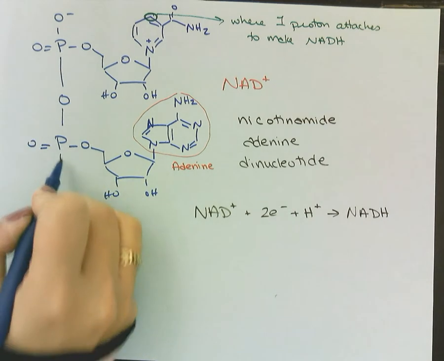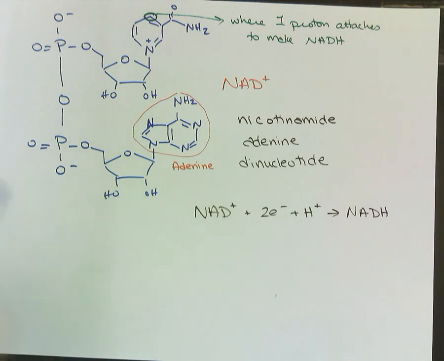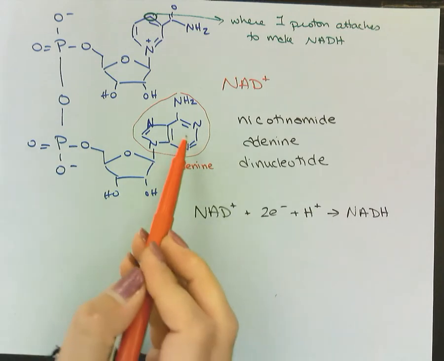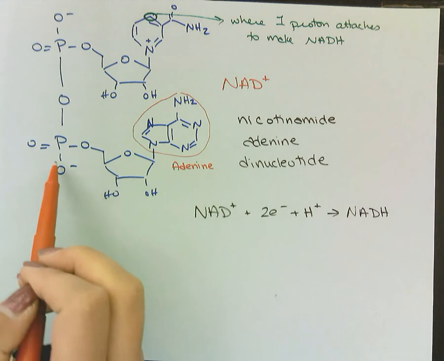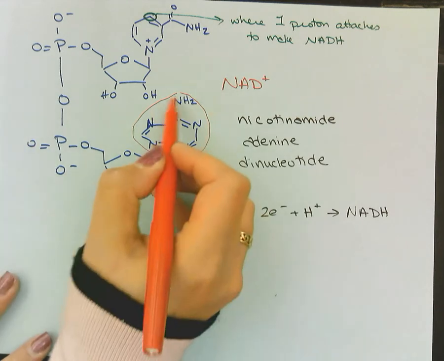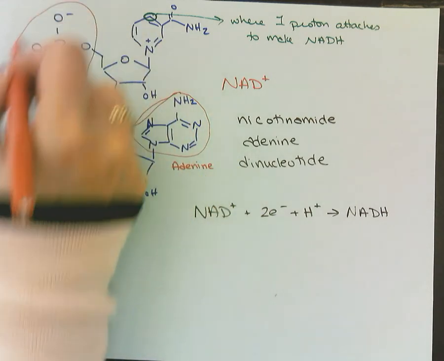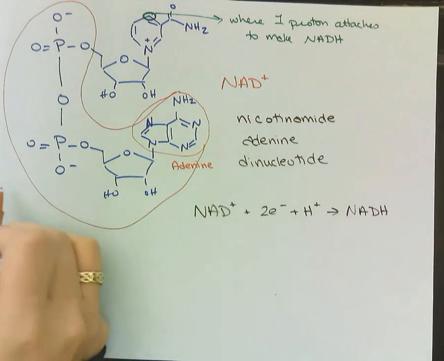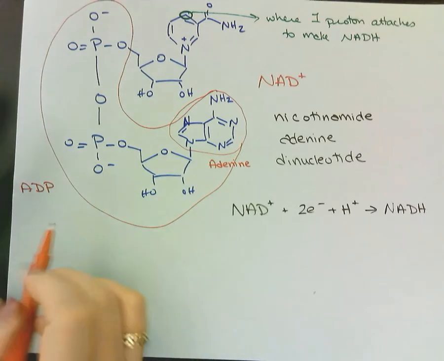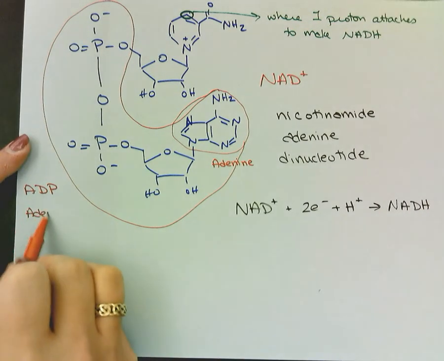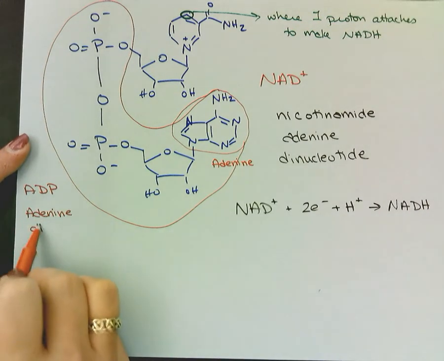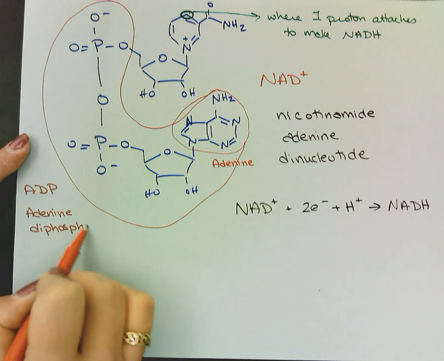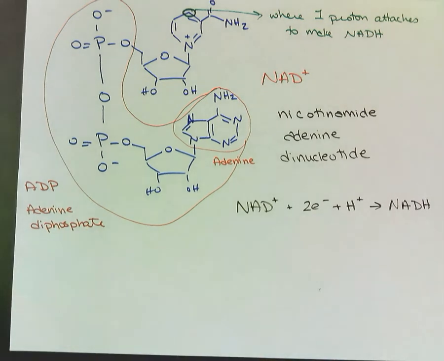So an adenine attached to a ribose attached to 2 phosphate groups, all that together is ADP, which, as the name implies, is an adenine attached to 2 phosphates.